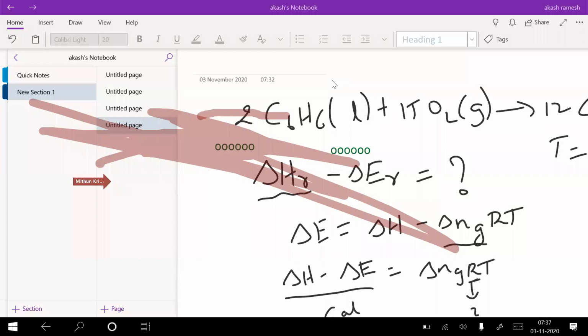Where is the chat? Oh, you are. Are you there, Rahul? Just I'm in the chat box. Ah, cool. Can you tell me what is delta Ng for the reaction?